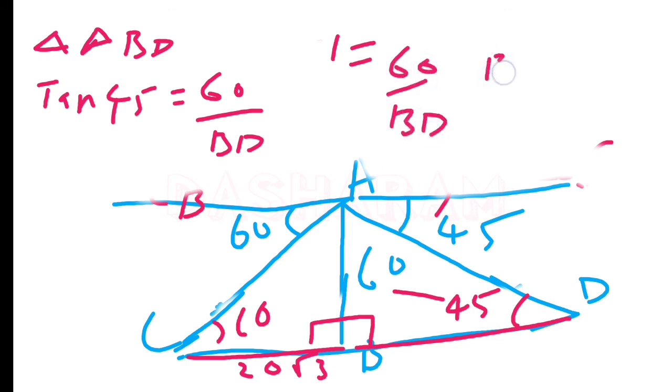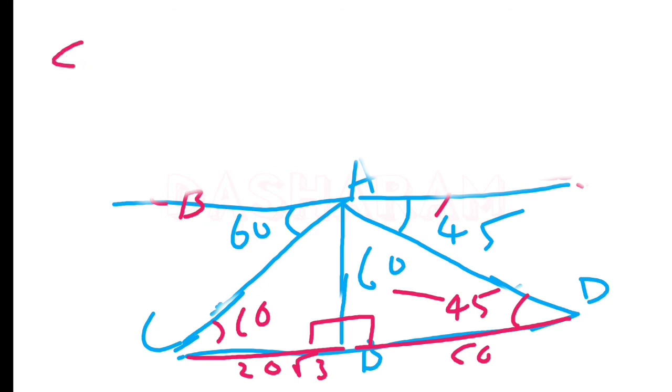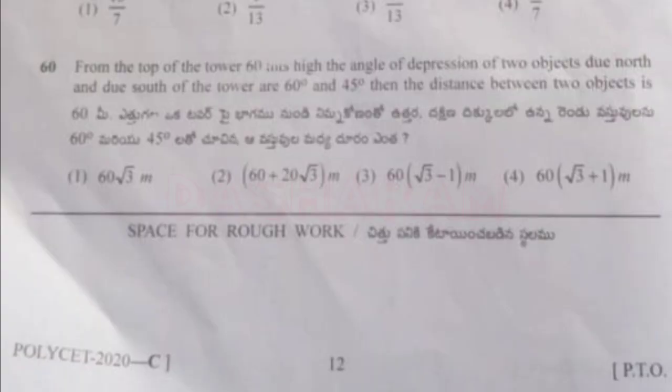So BD equals 60. Now the distance between the two objects, CD, equals CB plus BD, so 20 root 3 plus 60. So option 2 is correct.